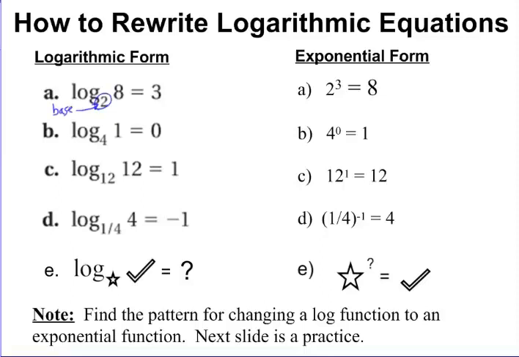So that's the base. Now look at our other numbers. Note the exponential form. Look at the exponent of the exponential form, and where is it located with our logarithm? Okay, it's the answer, right? So this happens to be the exponent part.